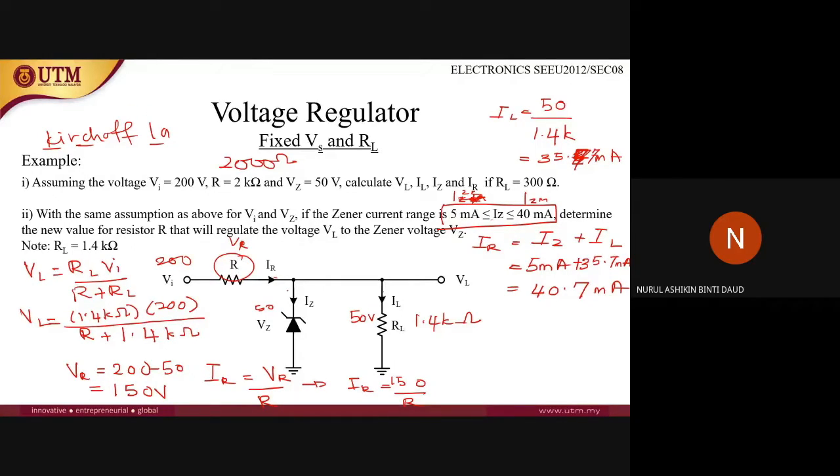By using this, now you can find the value of the resistor. R is 150 volts divided by 40.7 milliampere. So you will get how much? 3.685 kilo ohm. So this is the final answer for R. The value of R is 3.685 kilo ohm.